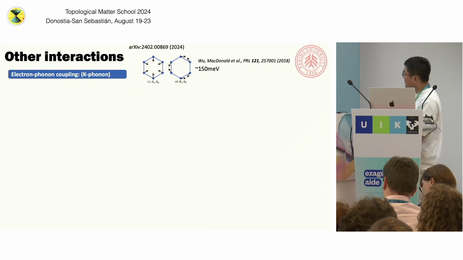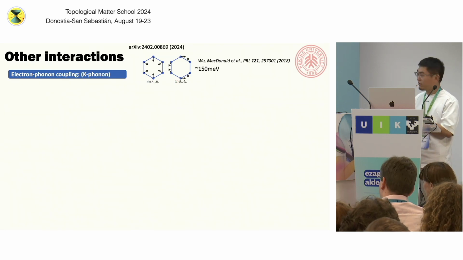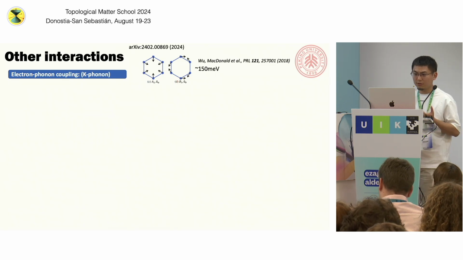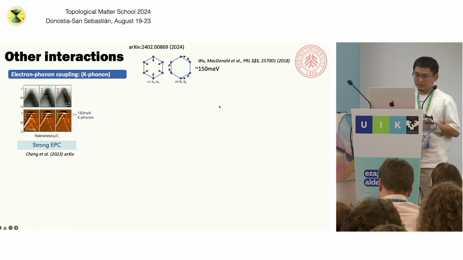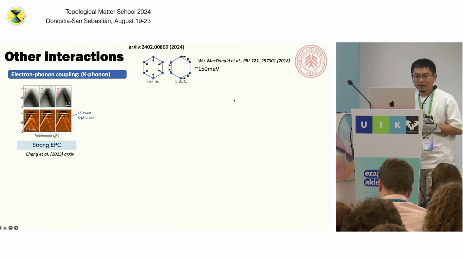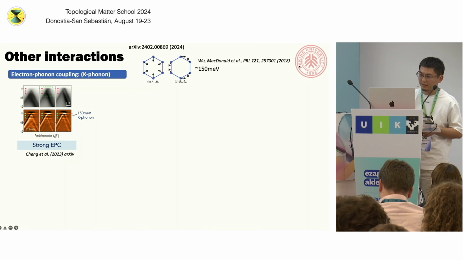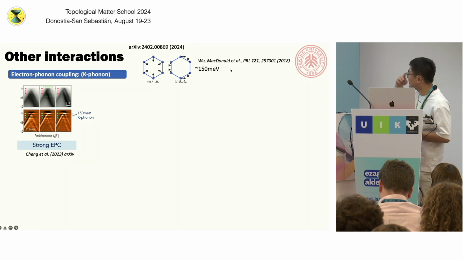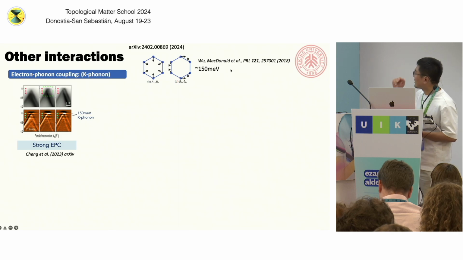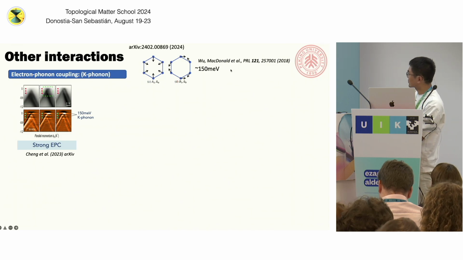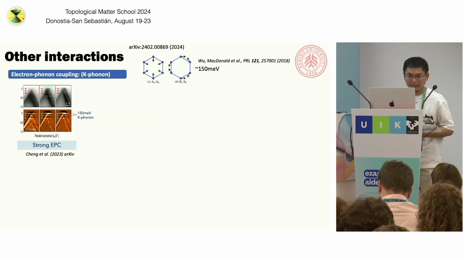The first additional interaction we include is the electron-phonon coupling with the K phonon in twisted bilayer graphene. This mode is also discussed in a paper by Wu Fengcheng and MacDonald, and they found that this electron-phonon coupling may favor a d-wave pairing channel.